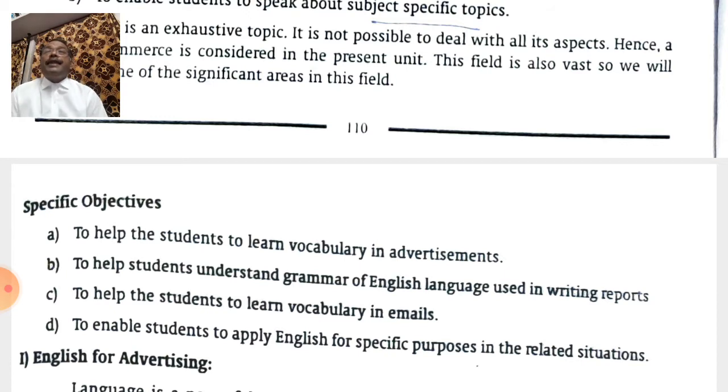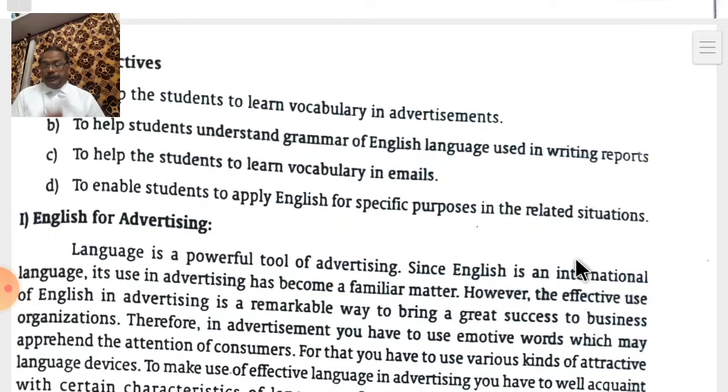How to write email and what kind of English is used for writing email is also very useful here. This unit helps students to apply English for specific purposes in related situations.